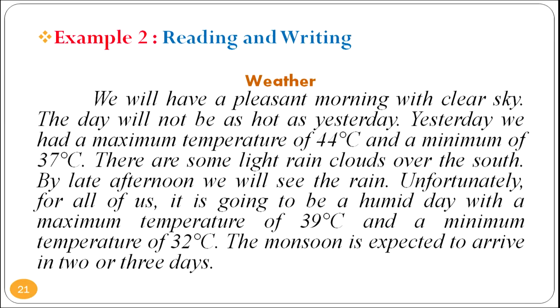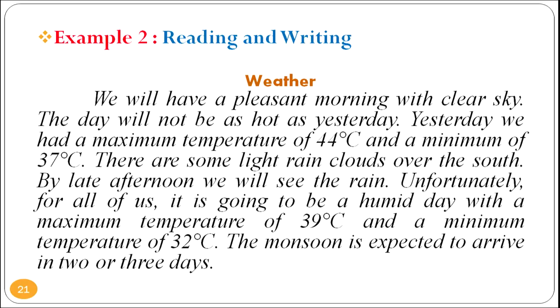Now, let's take another example where we integrate reading with writing. So, this is a reading passage about weather. Read it carefully. We'll have a pleasant morning with clear sky. The day will not be as hot as yesterday. Yesterday we had a maximum temperature of 44 degrees Celsius and a minimum of 37 degrees Celsius.